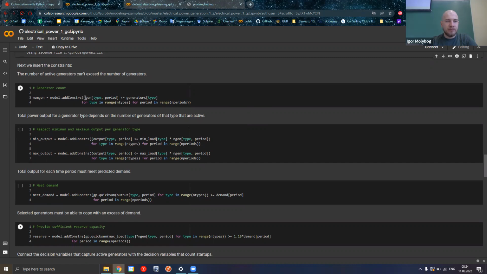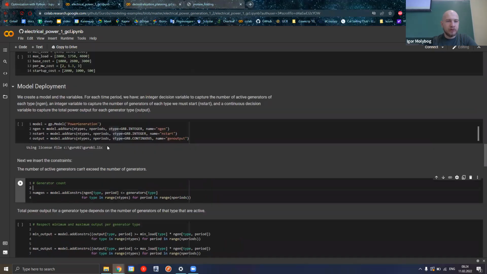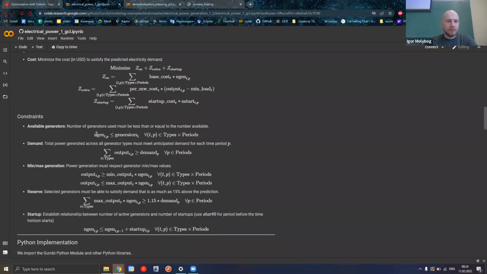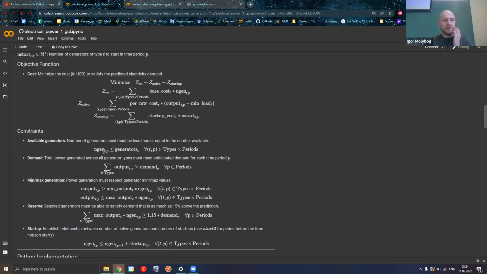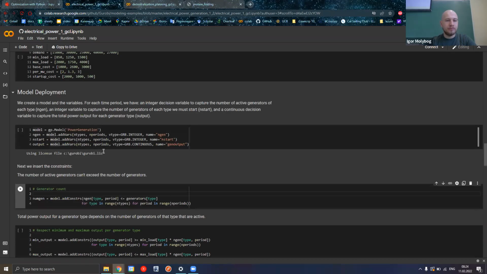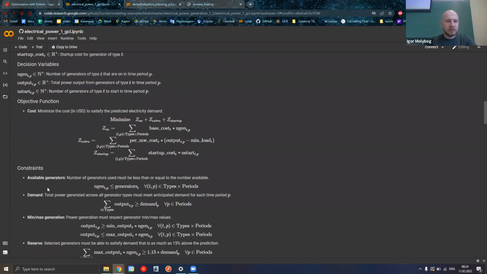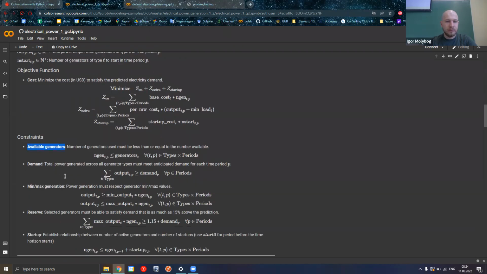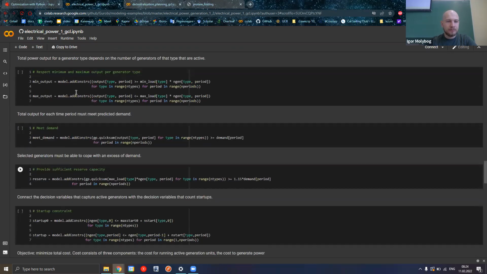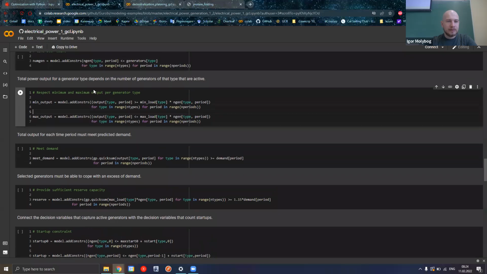This one belongs to the generator count, the number of generators that are available in total. So this is the first available generators constraint. The next is the total power output of a generator.